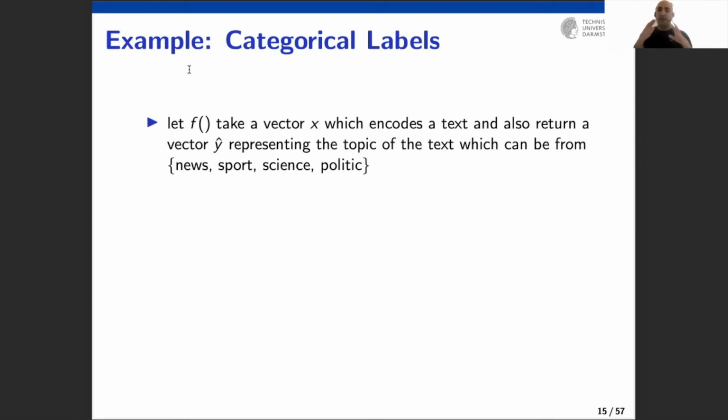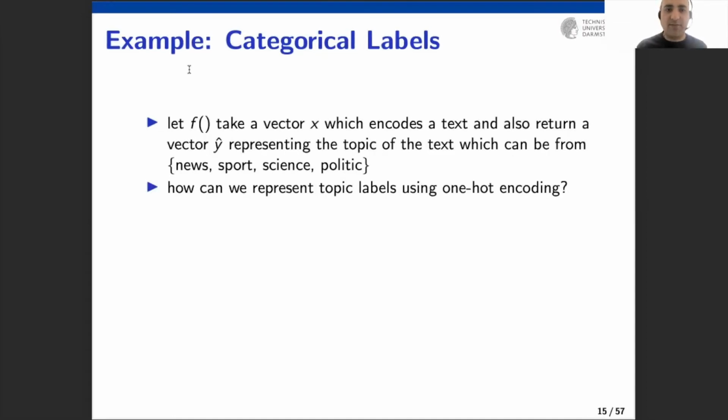So we have 4 categories for the topic of a text, and we want to predict which category it is, right? And the output of the network here is also text, so it's news, sports, science, politics. So we need to map these texts to some vectors. It is a categorical feature, so how can we represent categorical features or categorical labels?